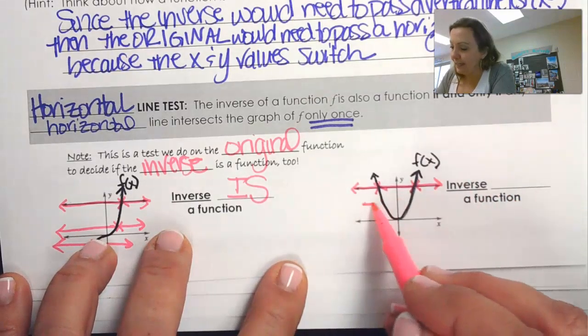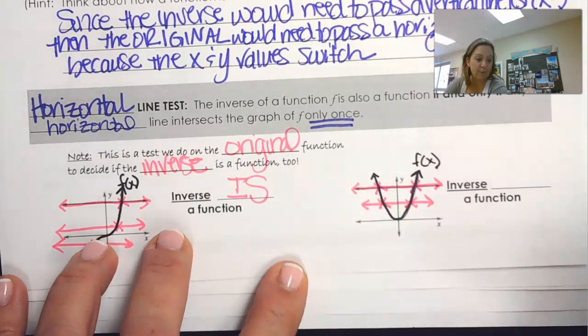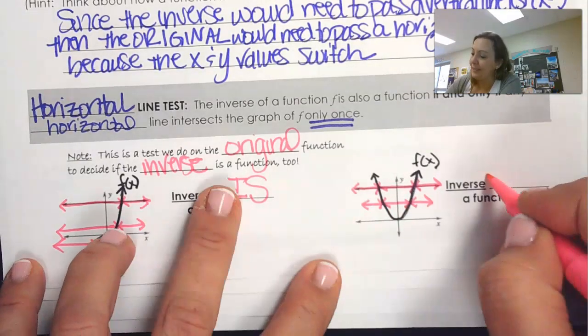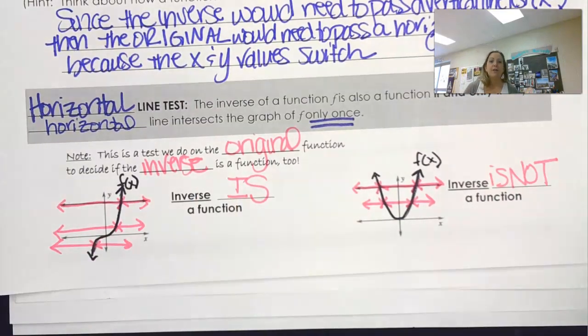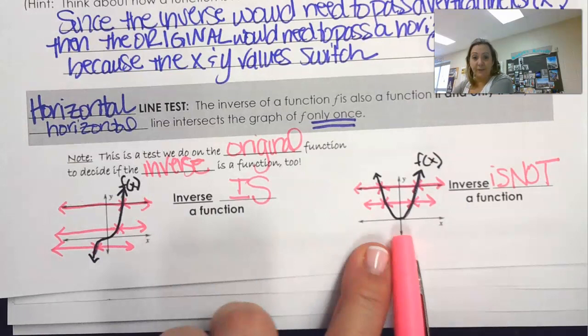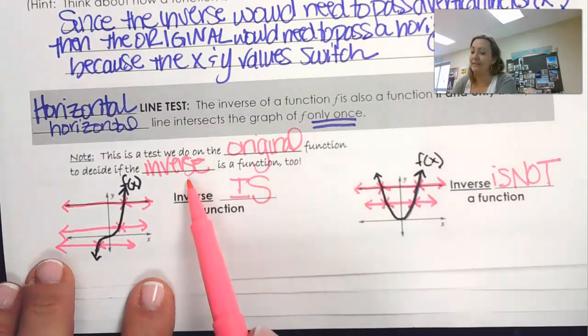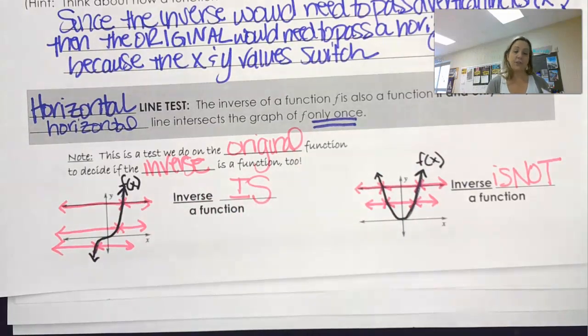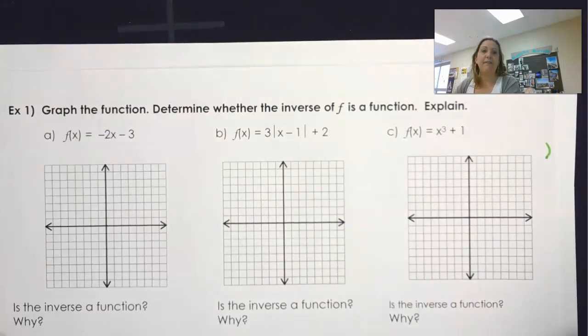So notice that this has several horizontal lines that cross more than once. And that means that the inverse is not a function. So this itself is a function, but the horizontal line test decides if the inverse is a function too. So what we're going to do is graph a couple functions and then determine whether the inverse of f is a function.